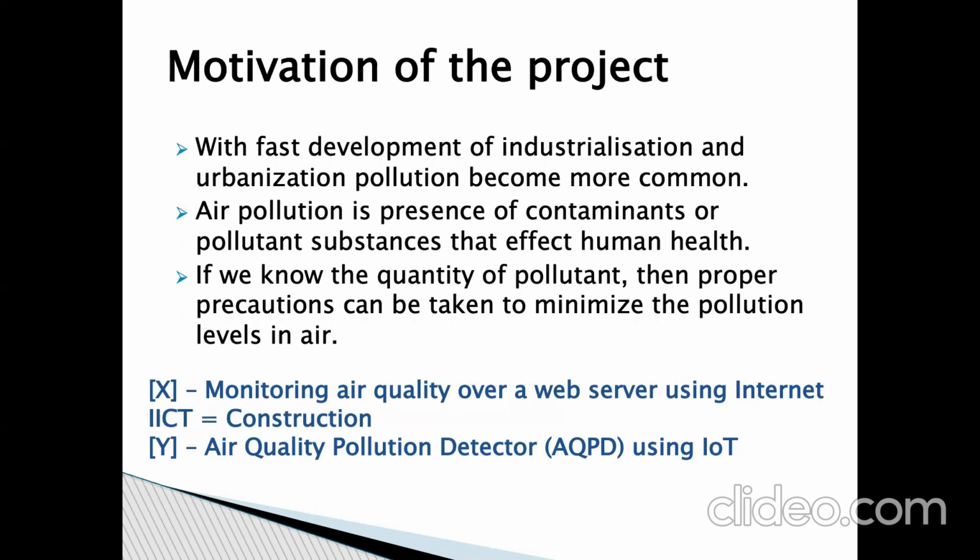As you know, in today's world the air quality is becoming a problem as the world is becoming very urbanized and industrialized. So pollution is becoming a very important problem in this world. In order to know about the level of air quality pollution, we try to create a new IoT platform.